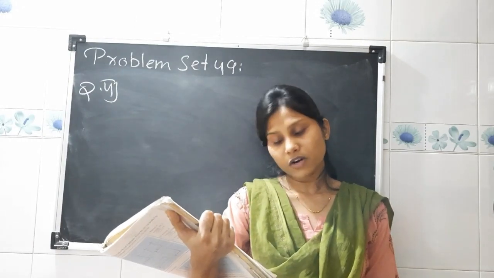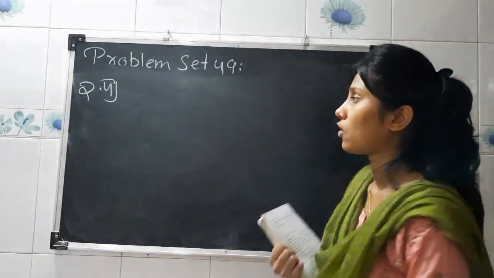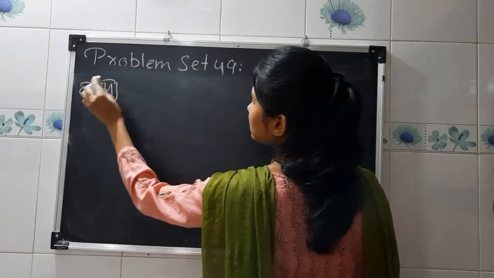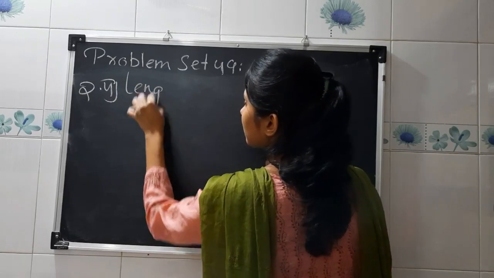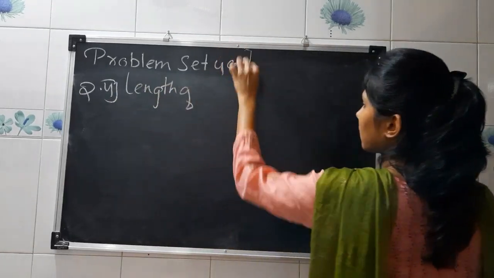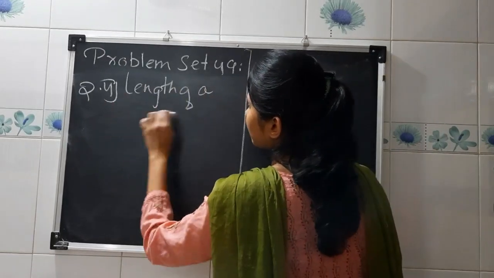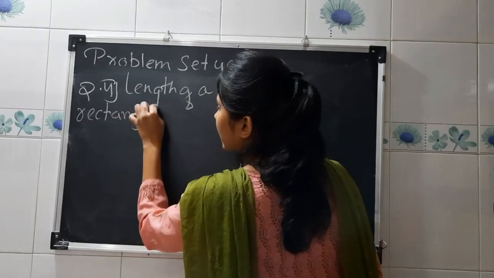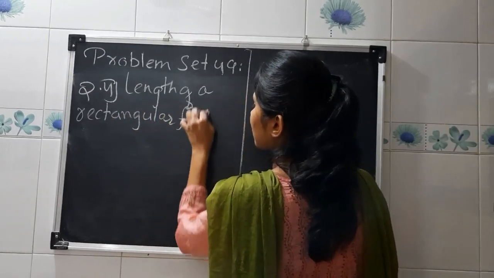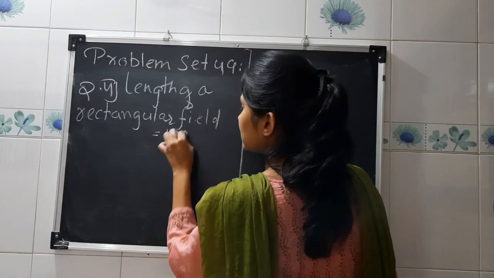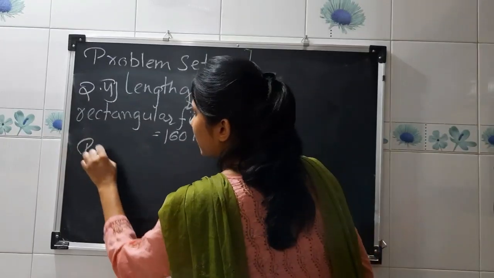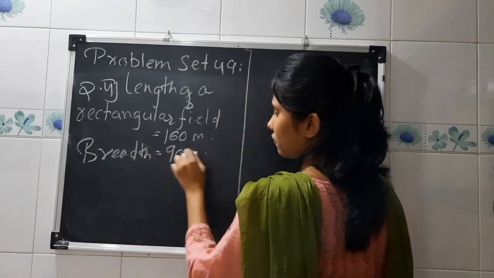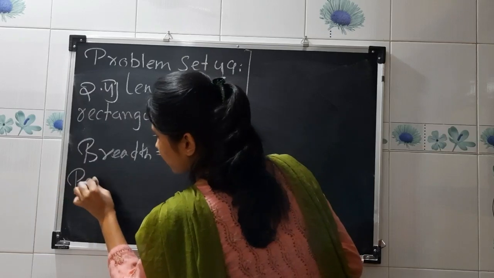So first we have to find out the perimeter of the rectangular field. Length of a rectangular field 160 meters and the breadth of the same is 90 meter. So first we have to find out the perimeter.